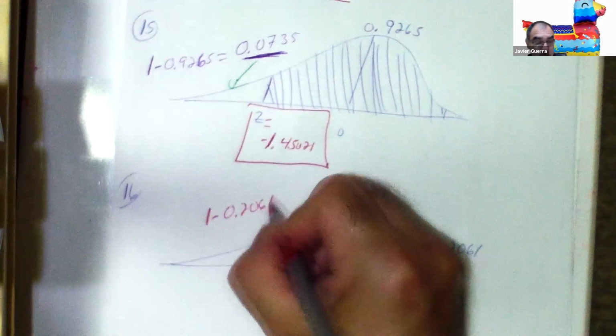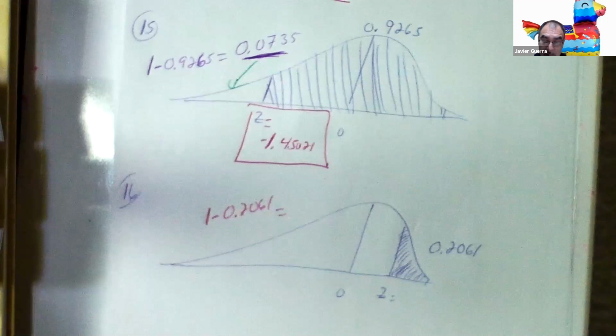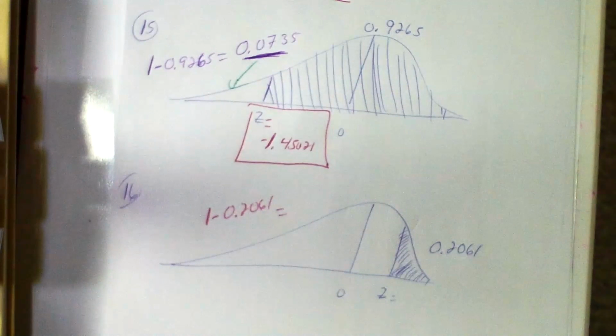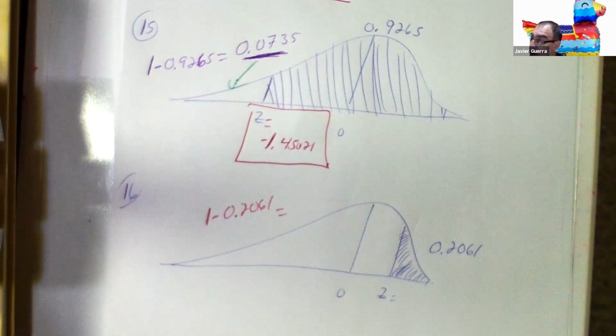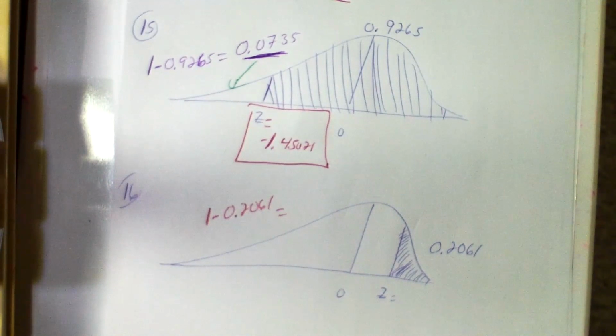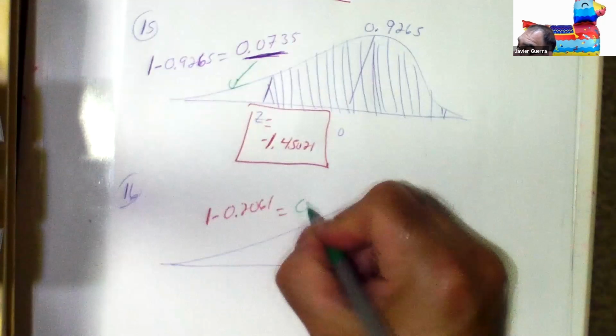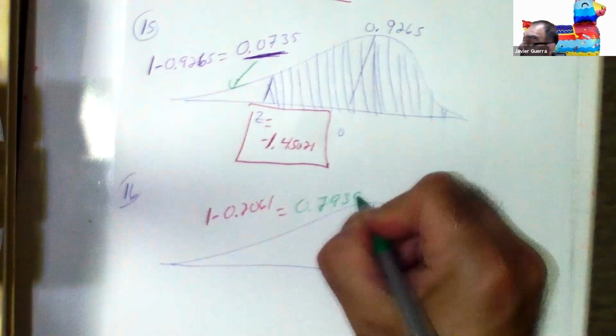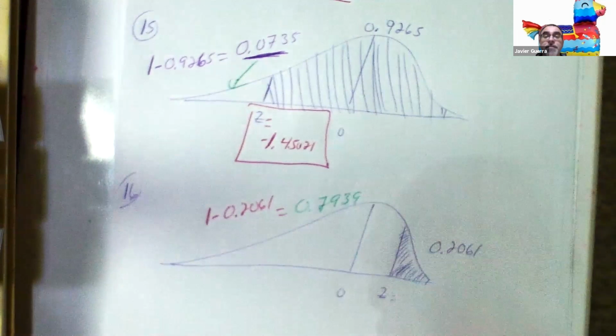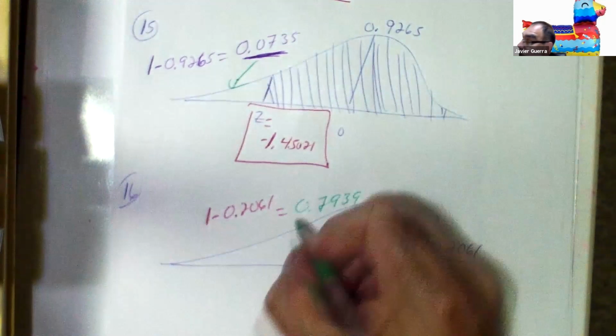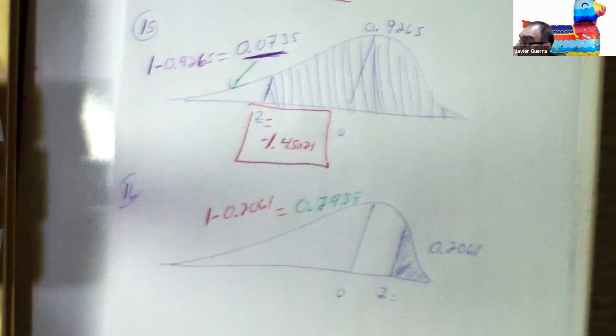It's equal to 0.7939, is that right? And that's the number that we're going to enter.